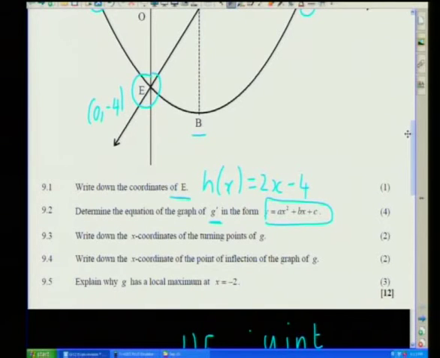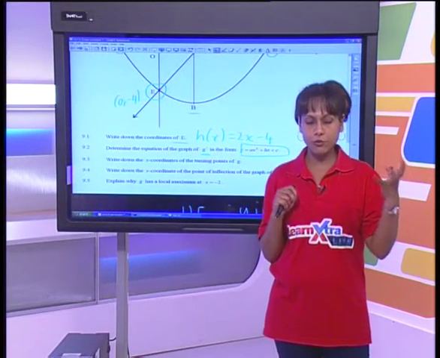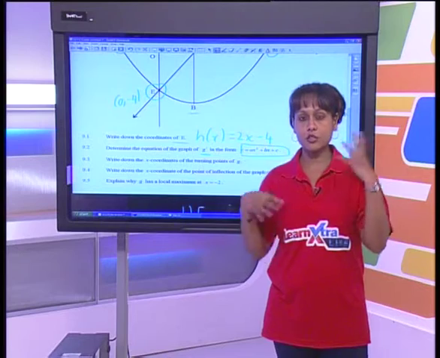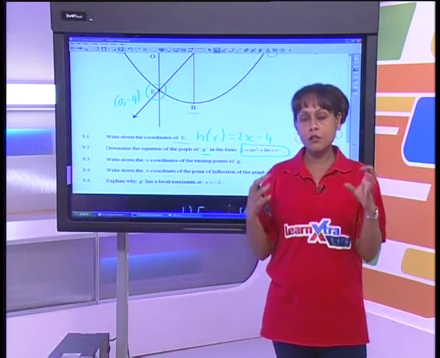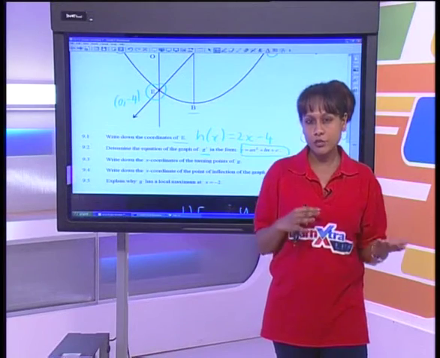All right. Okay, so we're going to go on to the next one, which is writing down the coordinates of the turning points of G. Now here you've got to be careful, because remember we are dealing with the graph of the derivative. We've got g prime x, g dash x, okay? But now they're asking you for the turning points of the original graph.